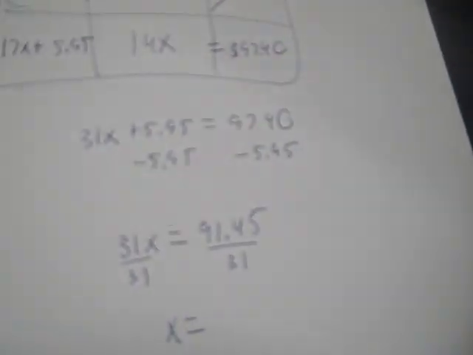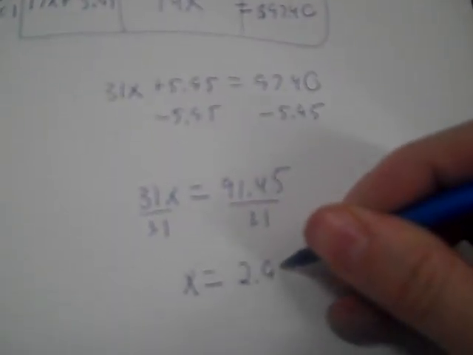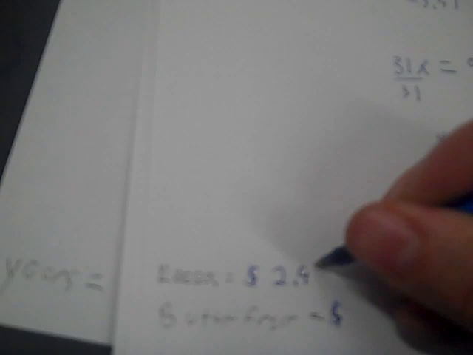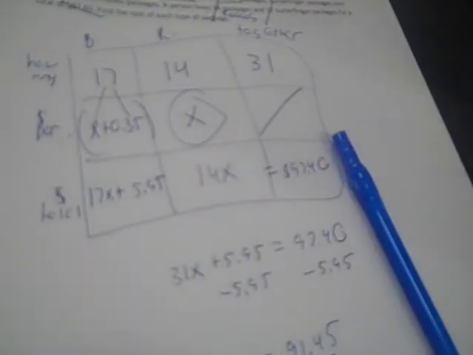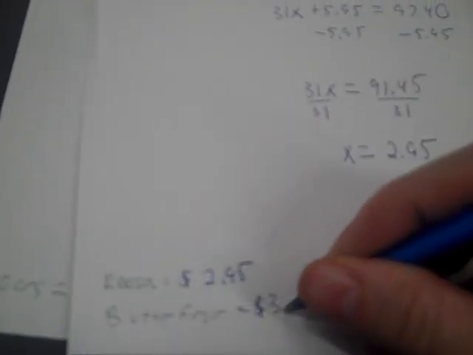I got $2.95. Now, to know what answer that is, you go find where the X is by itself. That'd be Reese's. And the cost of the other one is just $2.95 plus 0.35. Okay, and that's going to be $3.30.